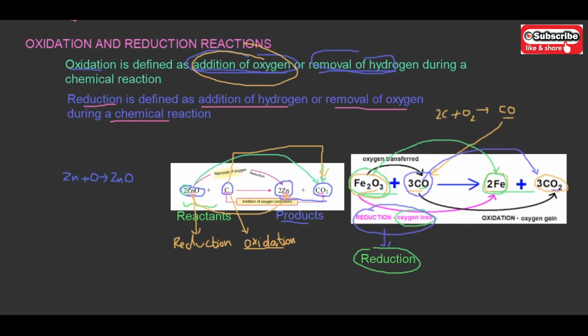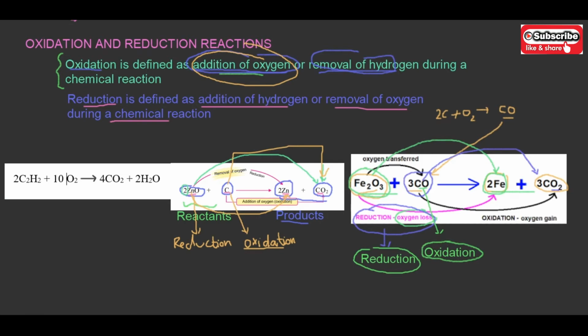While in the case of carbon monoxide, it has gained an oxygen atom. So what is gain of oxygen atom? As you can see in the definition, oxidation is defined as addition of oxygen or gain of oxygen. So hence it is known as oxidation. So this was one example of addition of oxygen or removal of oxygen.